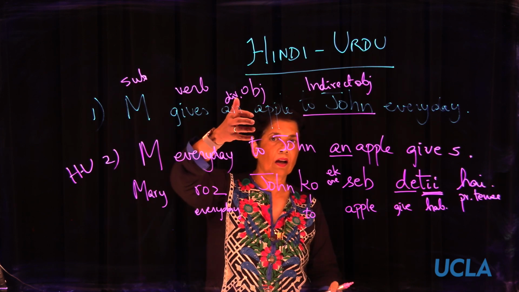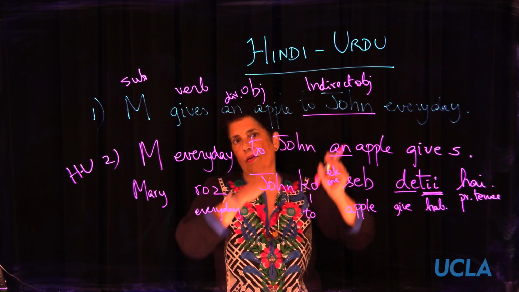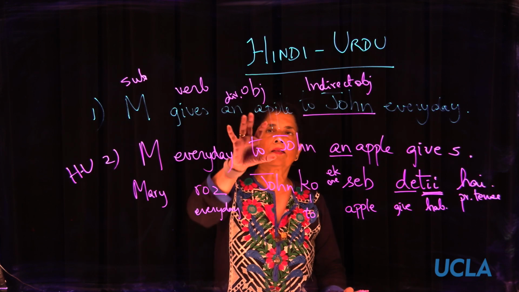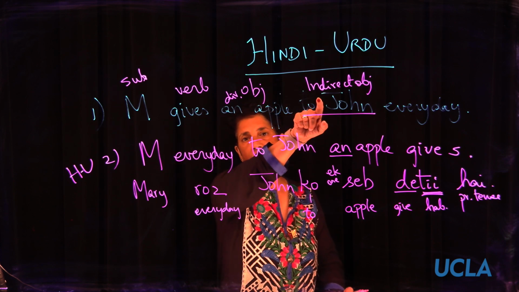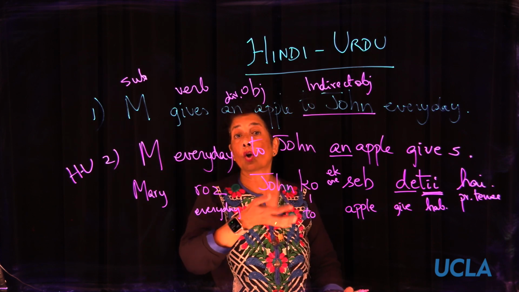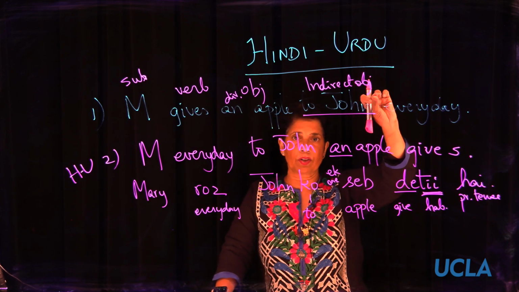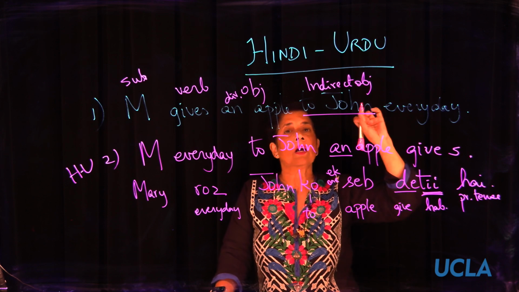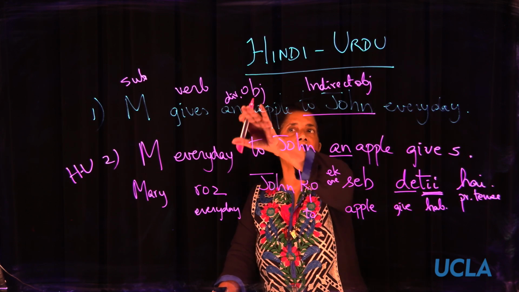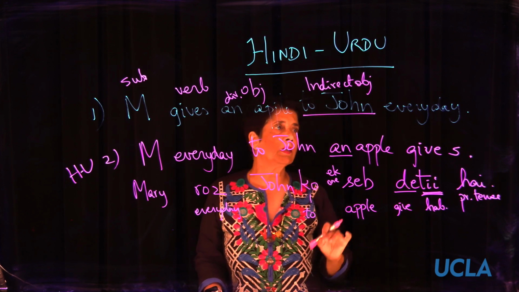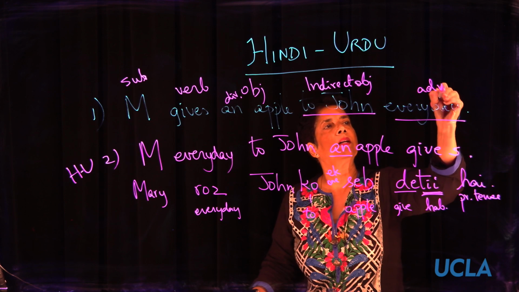It's the thing that is being given or received, right? It's the object undergoing transfer. Indirect object is the recipient or goal. So here John is the indirect object, John is the recipient, John is the goal of the direct object apple. Okay. And then we have the adverb here.